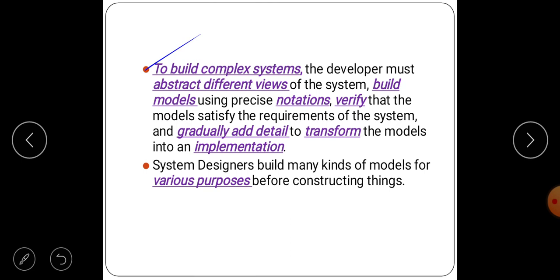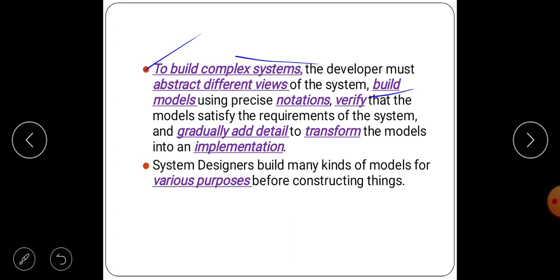Means you have to think in different ways while we are constructing the complex system. Means when we are building a complex system, the developer must think in n number of different ways, okay.